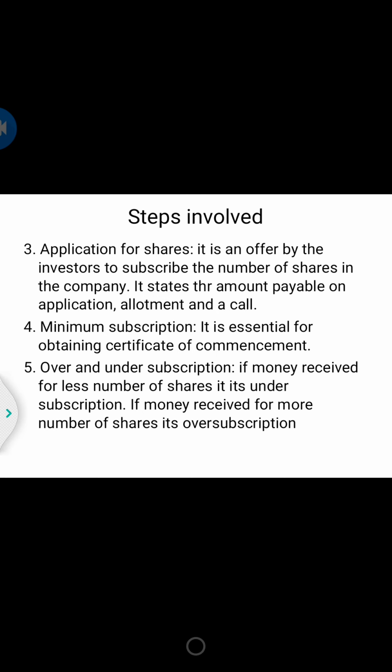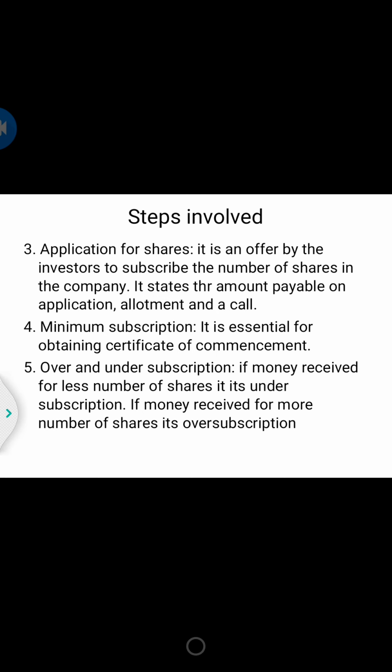Generally when the shares are offered to the public for subscription, the money received on application will not be exactly the same for the number of shares for which the offer is made by the company. If the application money is more, we call it over subscription. If it is less, we call it under subscription.